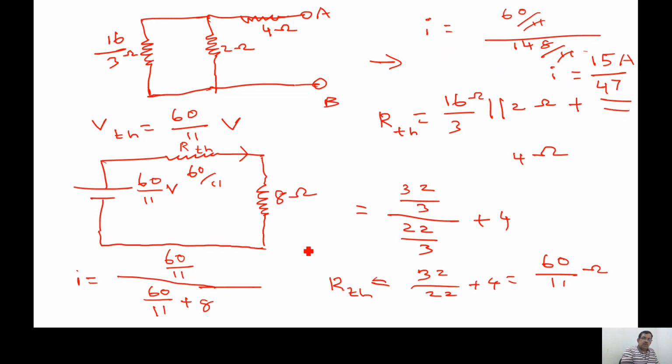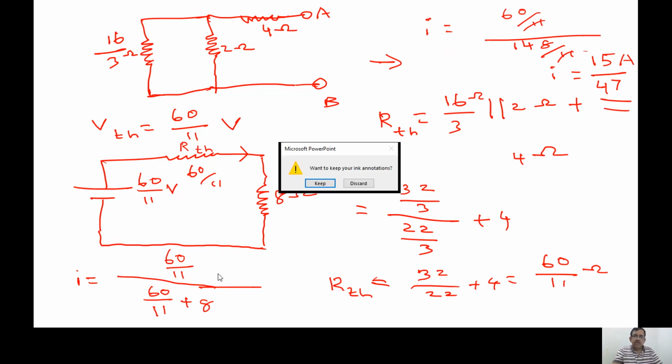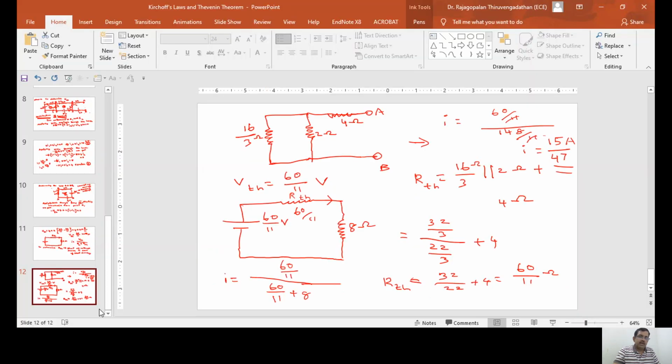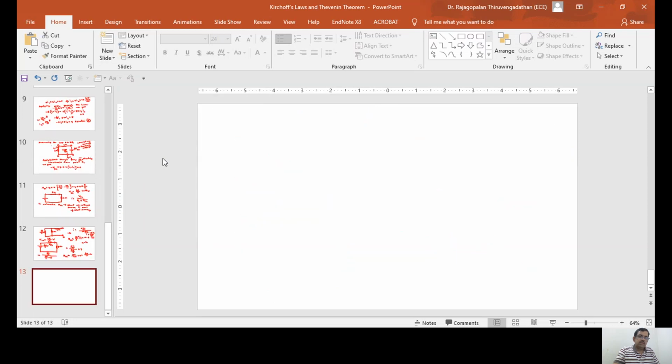Okay, so I want to tell you something here. You got to be careful. If I were to compare, you can actually compare this Thevenin stuff with the Norton. So I want to complete that to make sense to you. So this is my stuff over here.